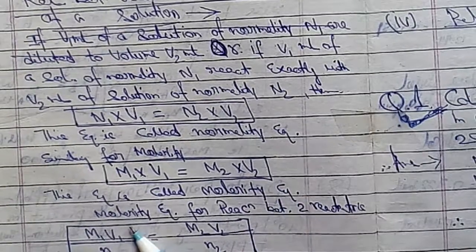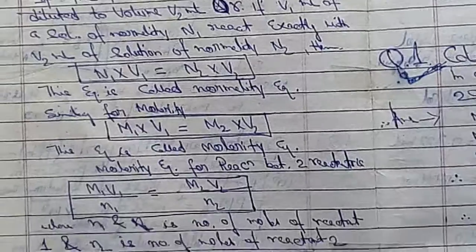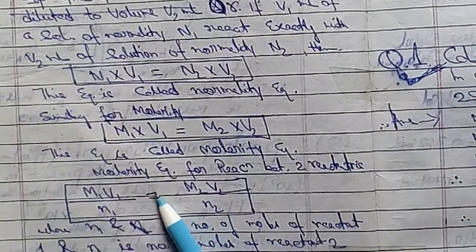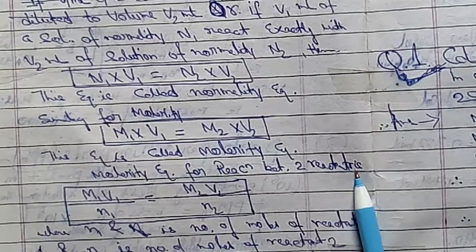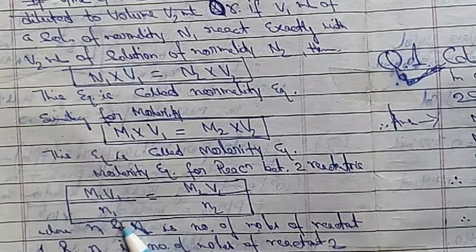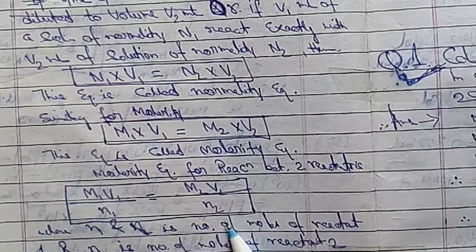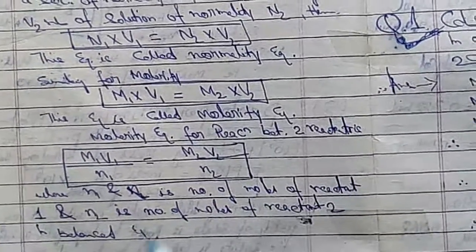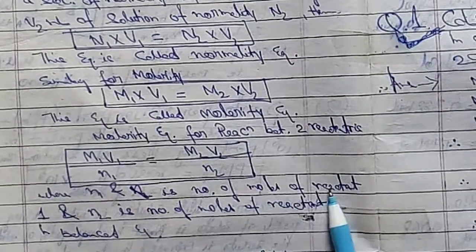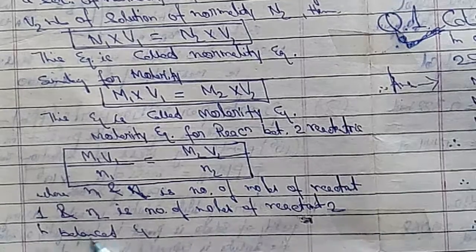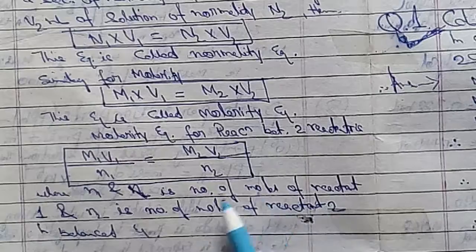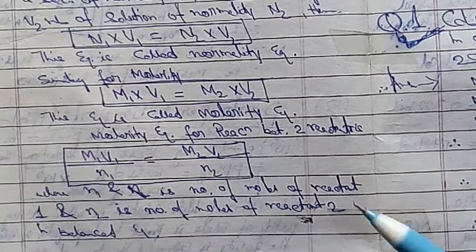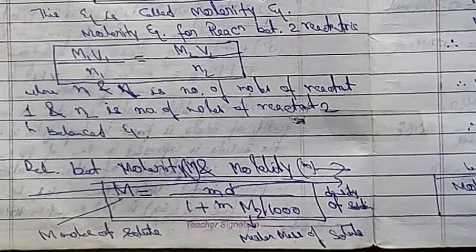If the number of moles is also given, the molarity equation for a reaction between two reactants is M1 V1 by n1 equals M2 V2 by n2, where n1 is the number of moles of reactant 1 and n2 is the number of moles of reactant 2. With the help of this we can get the desired value.